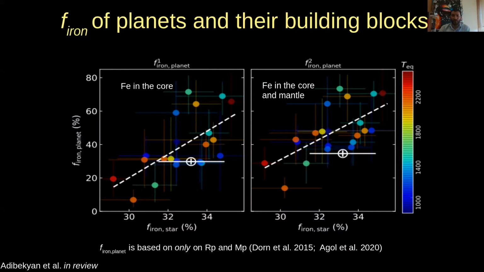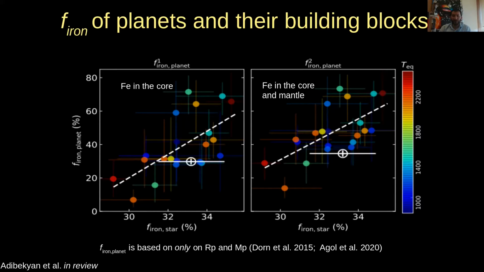So next, what is shown in this plot is the comparison between the iron mass fraction in the planets as a function of iron mass fraction in stars. On the x-axis, you see the iron mass fraction of stars, and on the y-axis, you see the iron mass fraction of planets. And there are two figures.